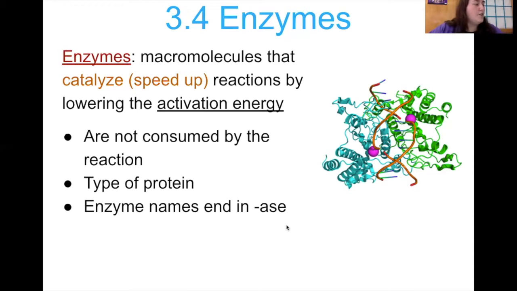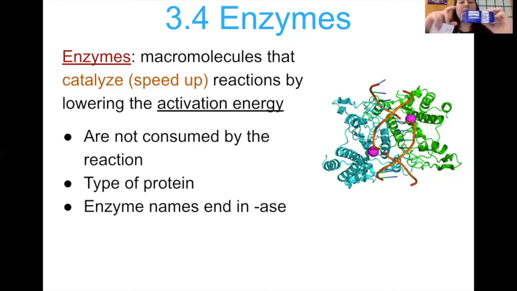A good example that I use, and that we'll do when we get back to school, is lactase. If you're lactose intolerant, that means that you lack lactase in order to break down the sugar within milk.